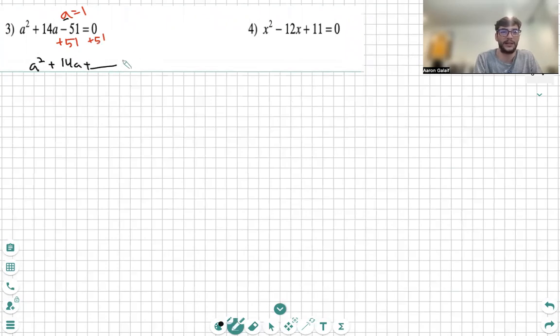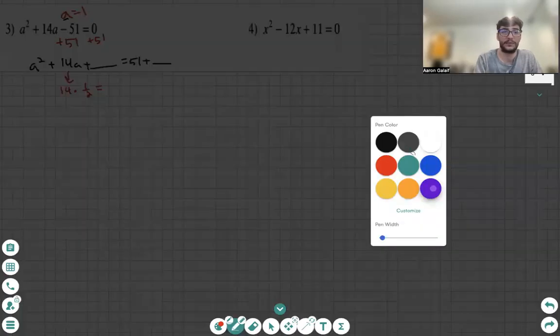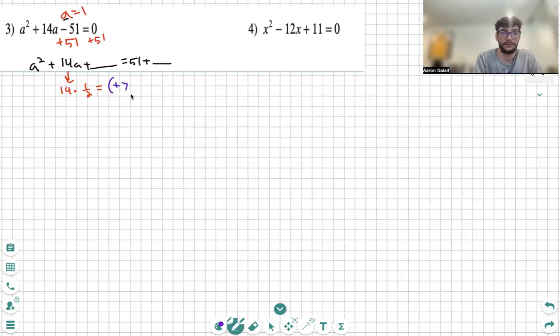Plus blank equals 51 plus blank. We're going to take that 14 down times 1/2, positive 7. I should do that in a different color. Positive 7. Square that. So we know that this 49 is going to go up here and up here.